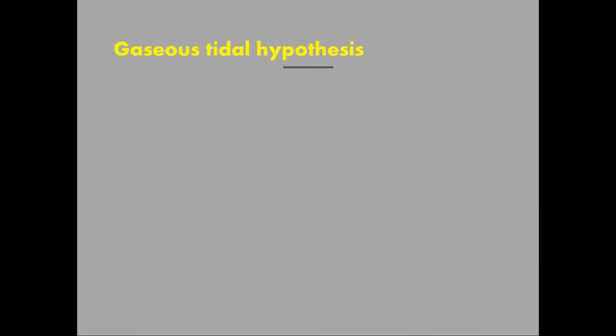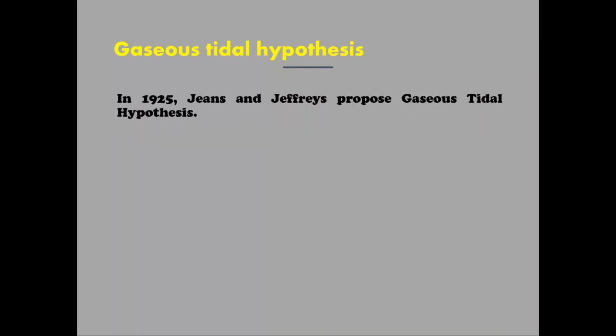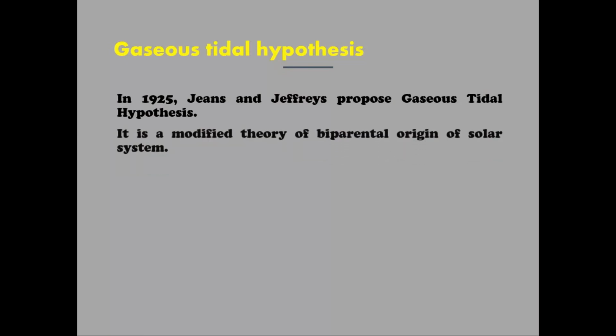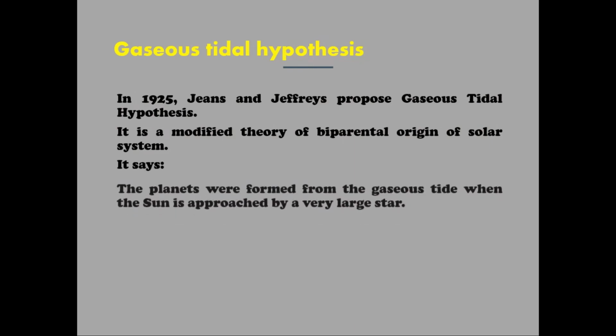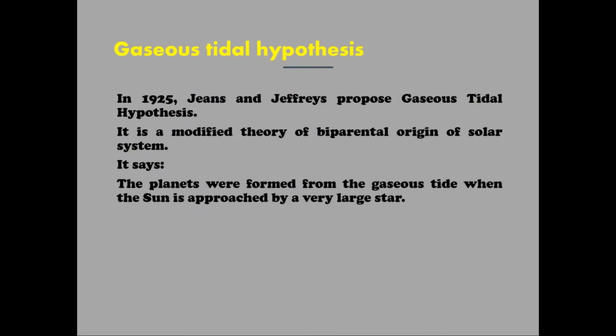Coming to the third hypothesis, Gaseous Tidal hypothesis. It was proposed by Jeans and Jeffries in 1925. This theory is the modified theory of biparental origin of the solar system. This theory says that the planets were formed from a gaseous tide when the Sun was approached by a very large star.